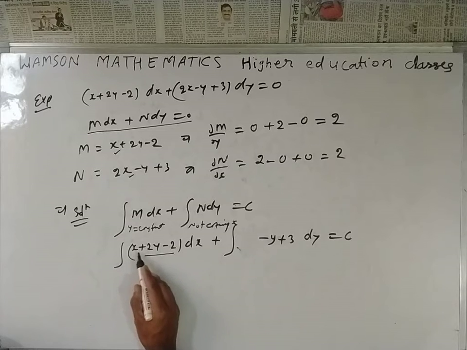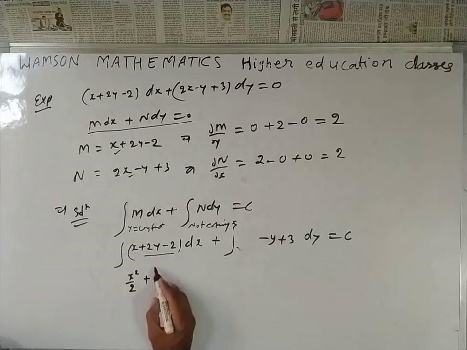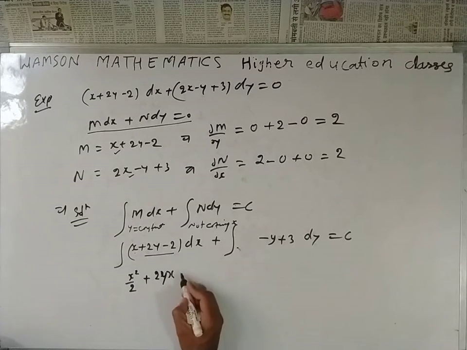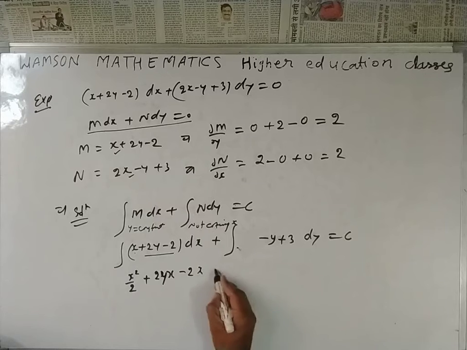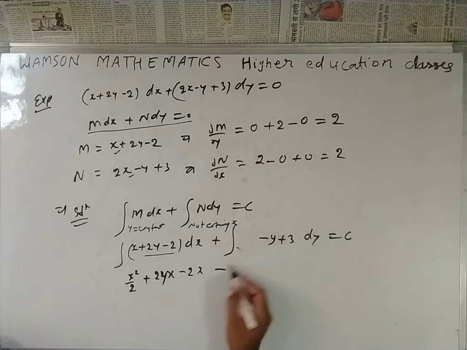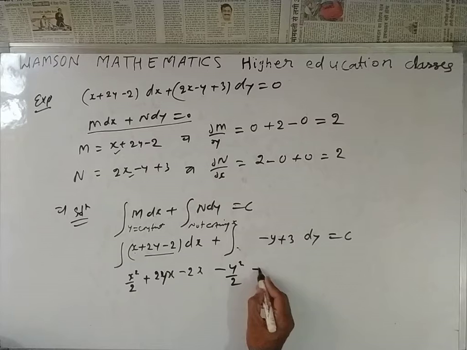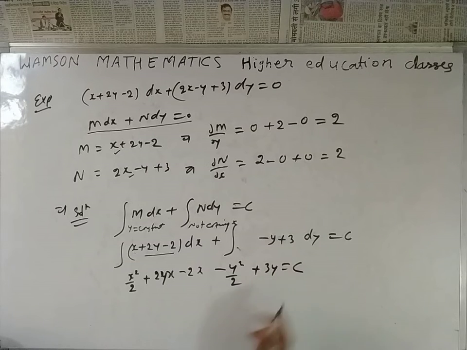The integration of x is x square upon 2, the integration of 2y, where y is treated as constant, is 2y times x, and minus 2x, and here minus y square upon 2 and plus 3y is equal to constant.